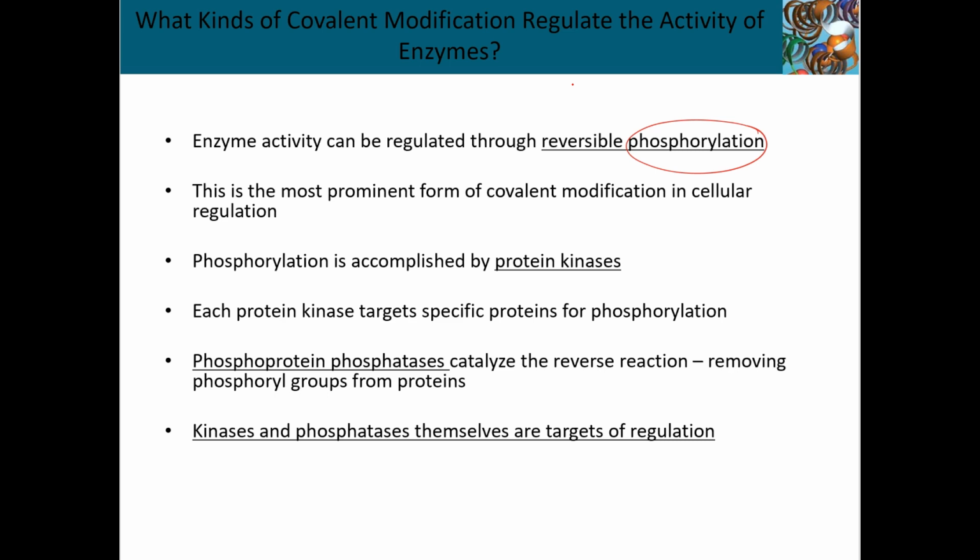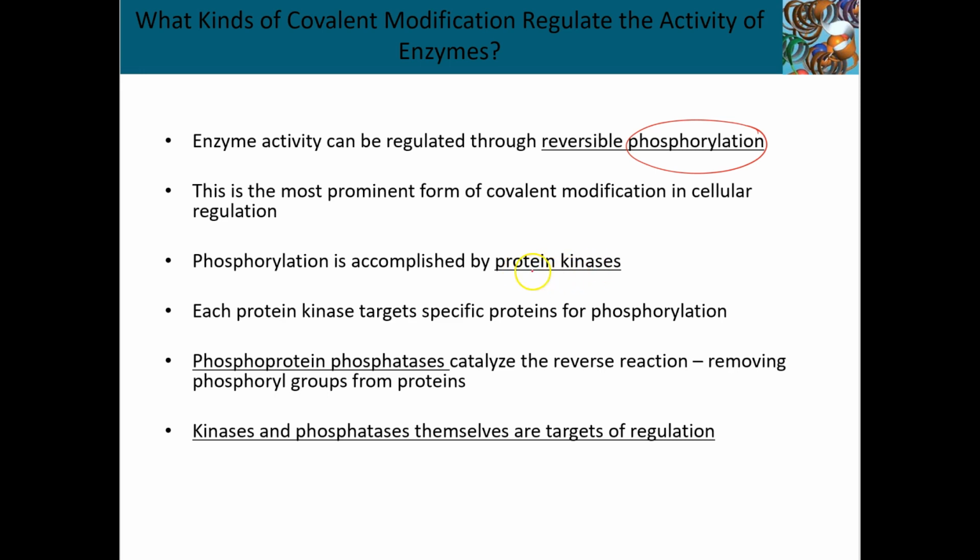And so this is the most common form of covalent modification, adding phosphoryl groups to the outside of the protein, thus changing its three-dimensional structure, thus altering its function, whether up or down. And there's a whole host of enzymes which are specific to performing these phosphorylation modifications on enzymes as regulator proteins. And these proteins are called kinases.